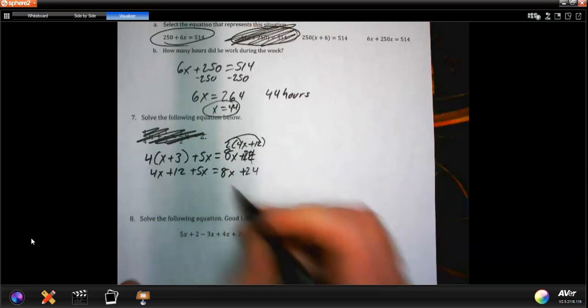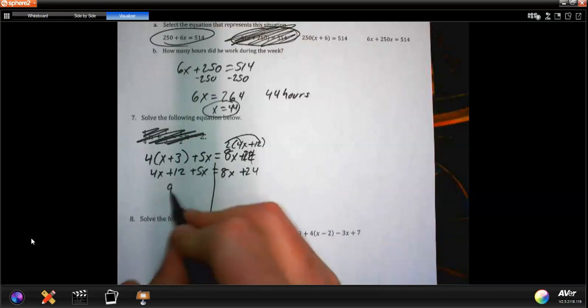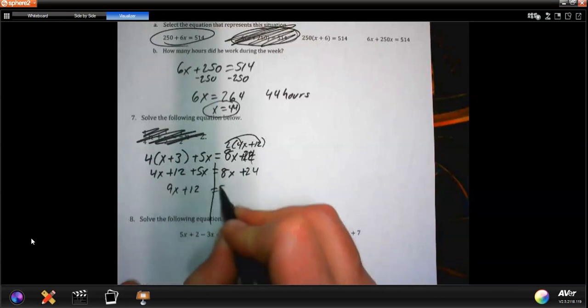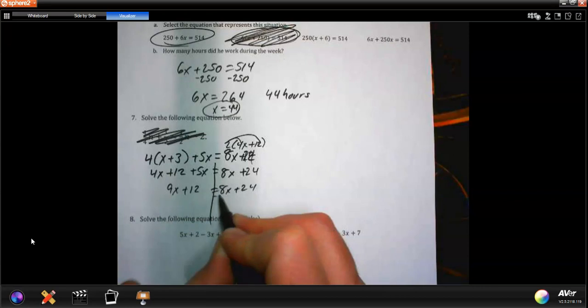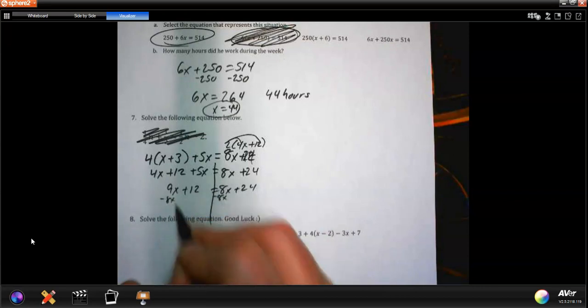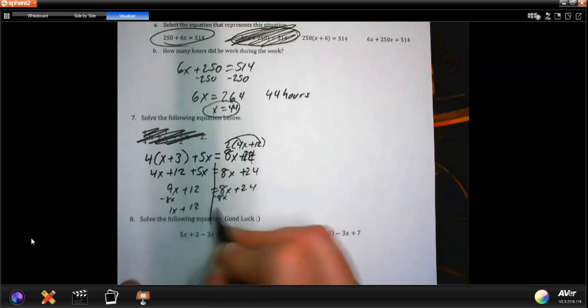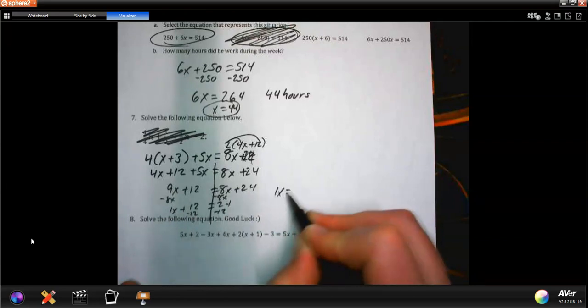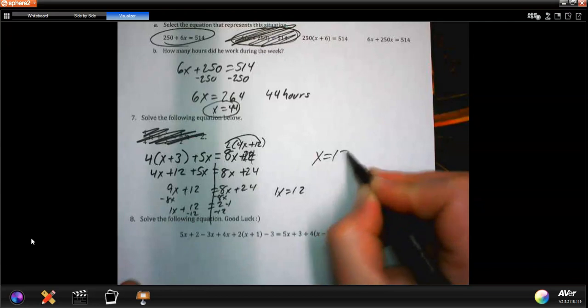Okay, so now we got to combine like terms. We get 9x plus 12 equals 8x plus 24, minus 8x from both sides. We get 1x plus 12 equals 24. And minus 12 from both sides, we get 1x equals 12. X equals 12.